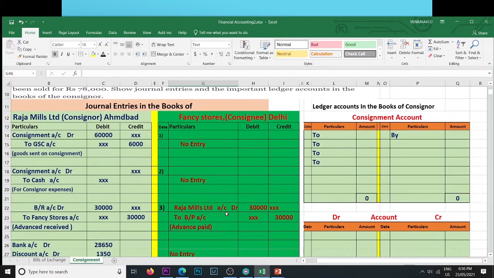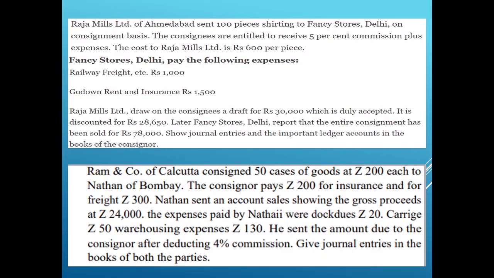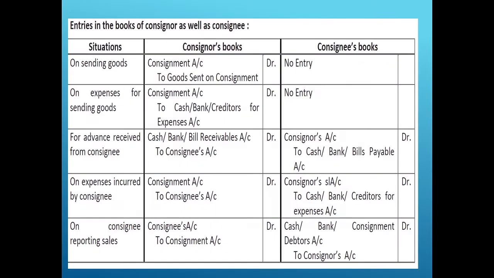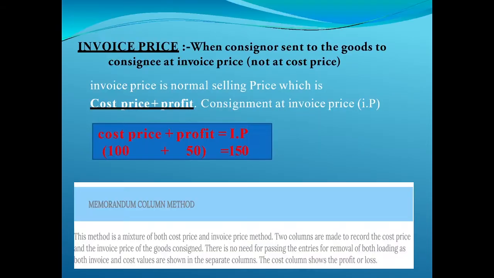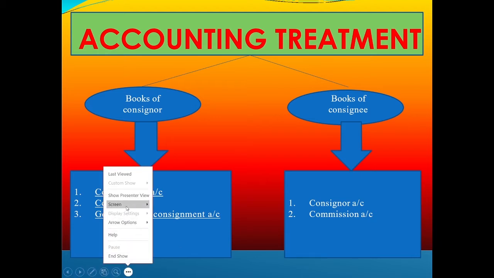This blue part, okay? Blue part in the books of consignor. In consignor, what are the accounts we have to open? Consignment account, consignee account, goods and consignment account. So consignment account we are going to open.